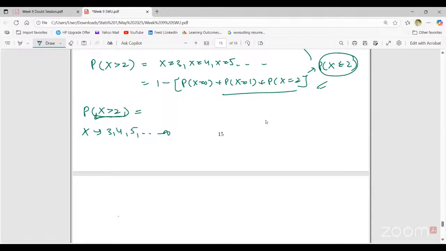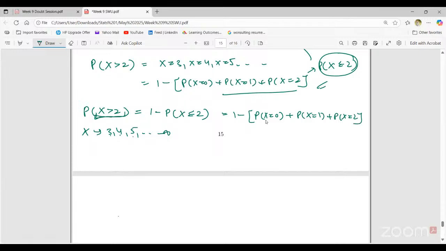So I can't calculate all the values like at 3, 4, and 5. To shorten my calculation and my solution, I would write it as 1 minus probability of x less than or equal to 2. Right? So now x is less than or equal to 2, that means 1 minus the probability that x equals 0 plus x equals 1 plus x equals 2. Correct?